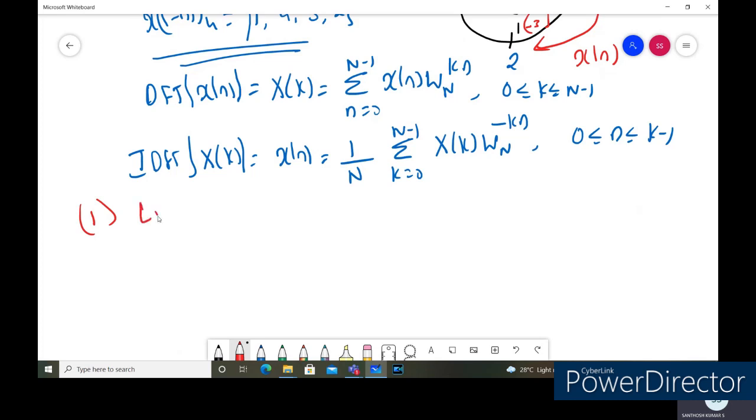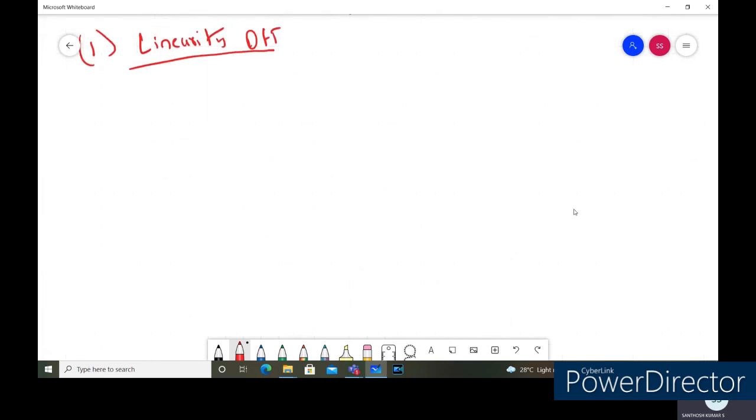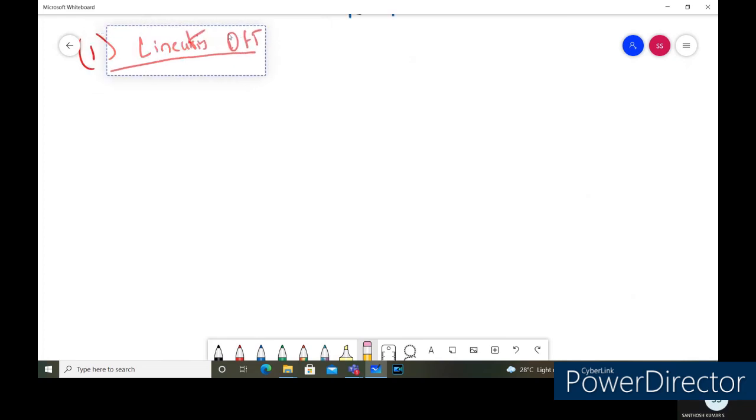The linearity property is common among all the transforms. Let us look into the linearity property of the DFT.